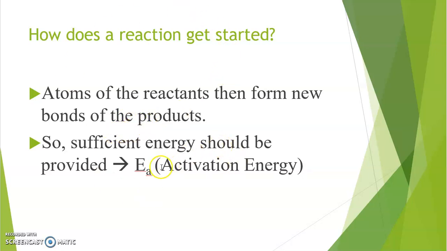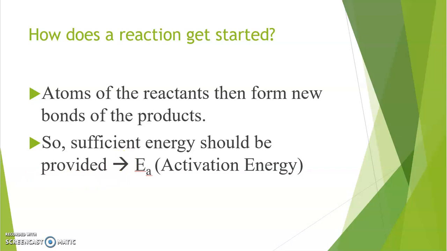Therefore, enough energy should be provided. Imagine a reaction needs 1000 kilojoules to start, and it's given 999 kilojoules. Will it start? Actually, no. It needs to be given a specific amount of energy, which is the activation energy, in order to start.